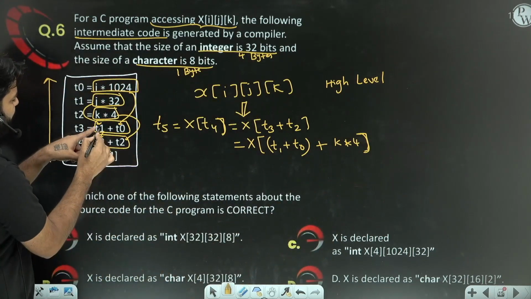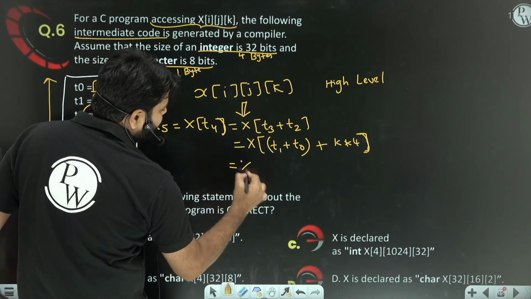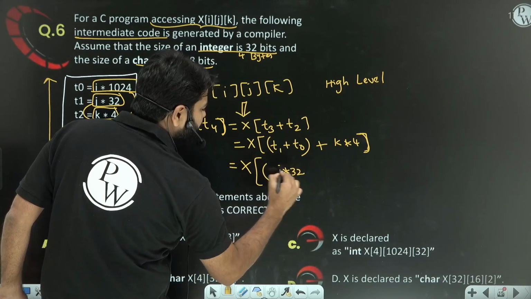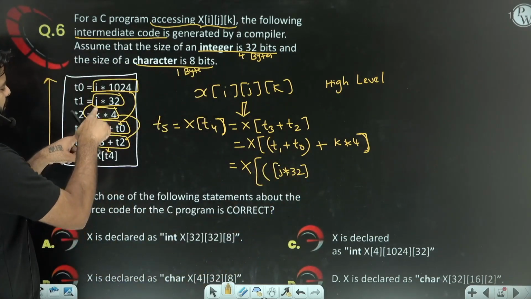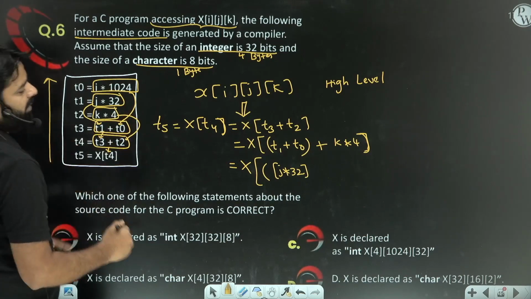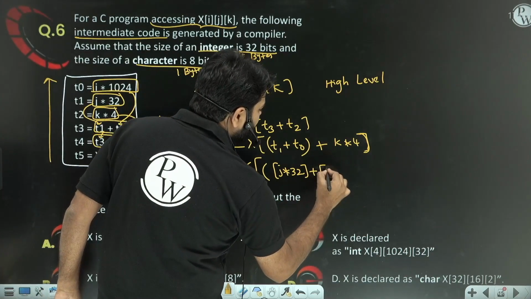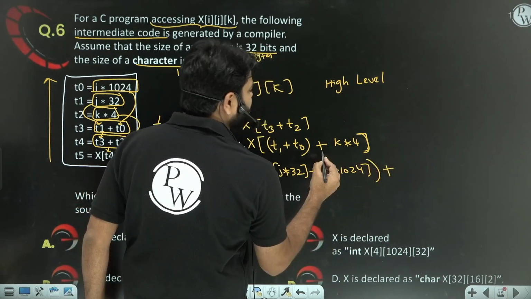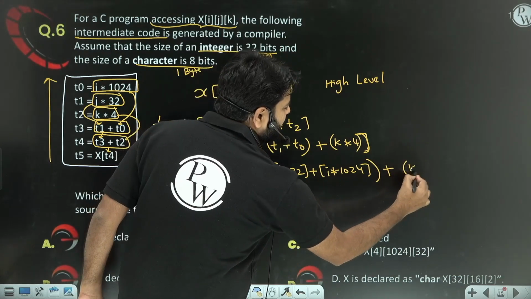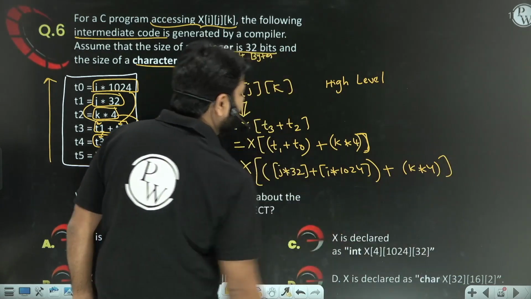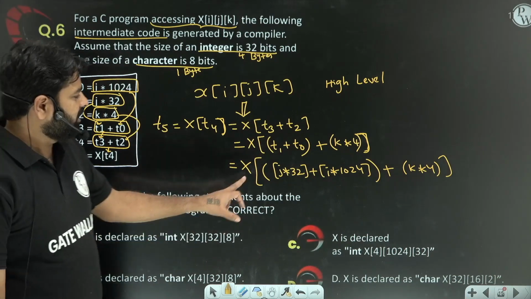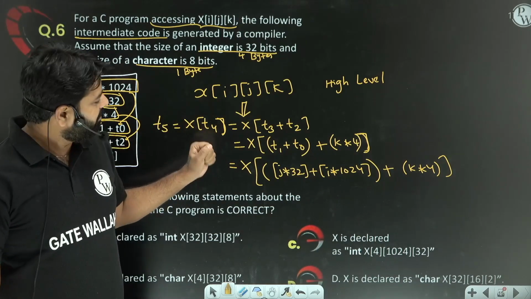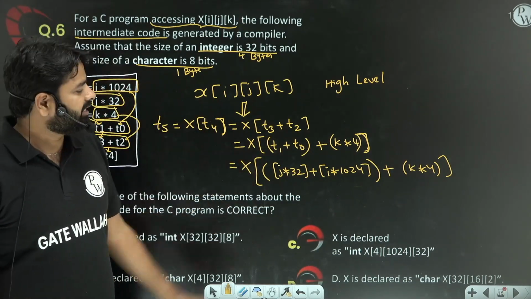Now T1, what is T1? J multiplied with 32. What is T0? I multiply with 1024. Looks very big, but without this it could take much time. Okay. K multiply with 4. Is everything converted into I J K now? If not, you should worry about it. So this is the expression equivalent to this one, but they have broken it into multiple 3 address code statements.